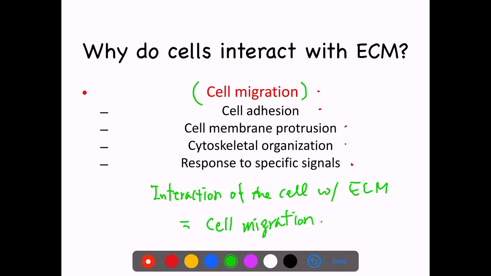I think if I just state it like this, I'm more than 80% right. Okay. So cell migration is, in other words, the interaction of the cell with the ECM. The opposite is also true: the cell will not move around if there's no ECM. Okay, right.